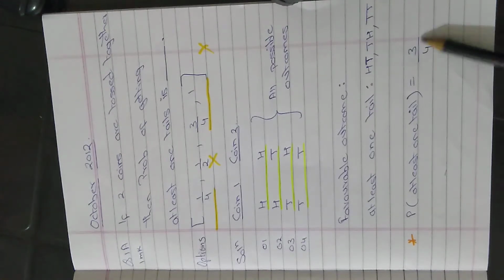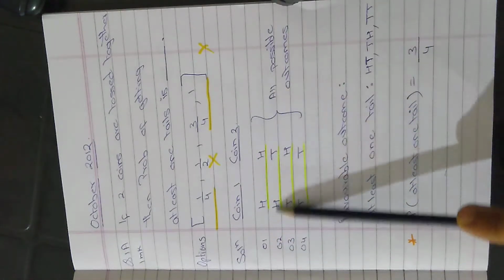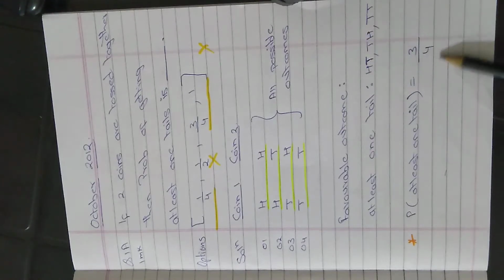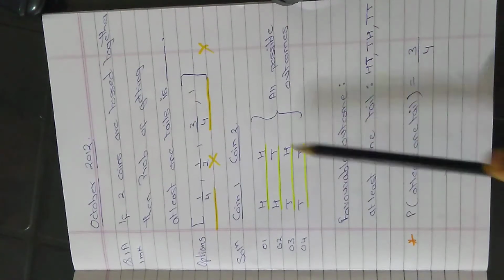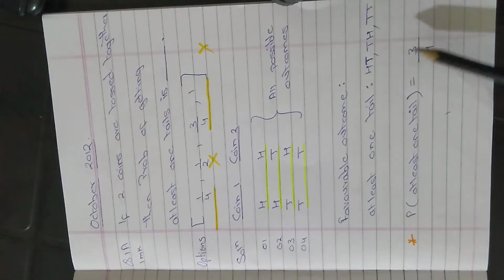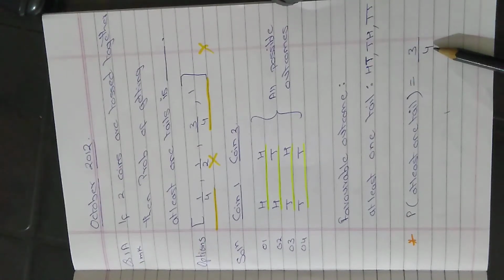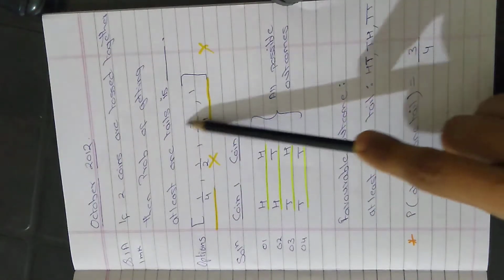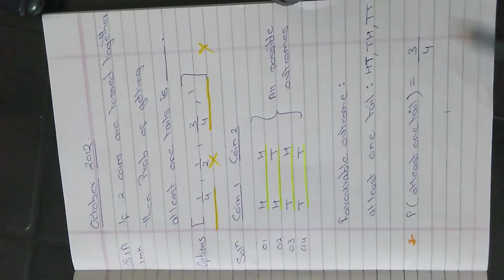So total outcomes we have 4. 1, 2, 3, 4. So this is total outcomes. And favorable outcomes, that is at least one tail. So here how many are there? 1, 2, 3. So 3. So 3 upon 4, okay. So is this option available? If we check here we have this option available, okay. So this is the perfect answer for this.